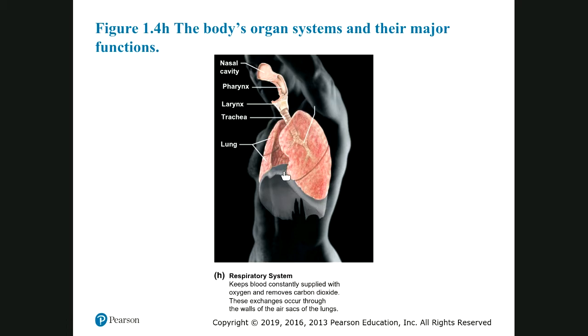The respiratory system helps us exchange gases with the environment. It keeps blood constantly supplied with oxygen and removes the waste carbon dioxide by allowing us to breathe in and breathe out, so inhale and exhale. These exchanges occur through the walls of the air sacs of the lungs. So this is the respiratory system.